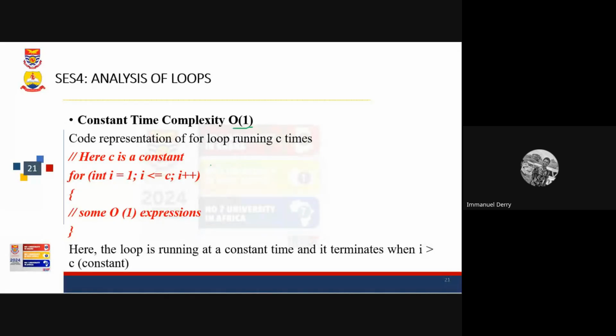So basically, when we talk about the constant time complexity, it basically means that the running time of the algorithm does not depend on the input size.